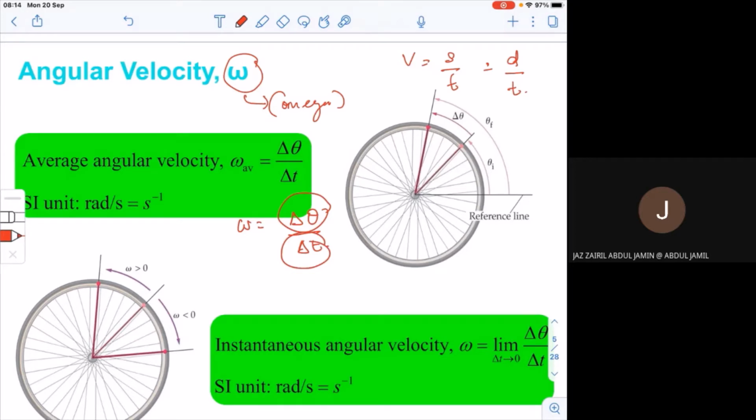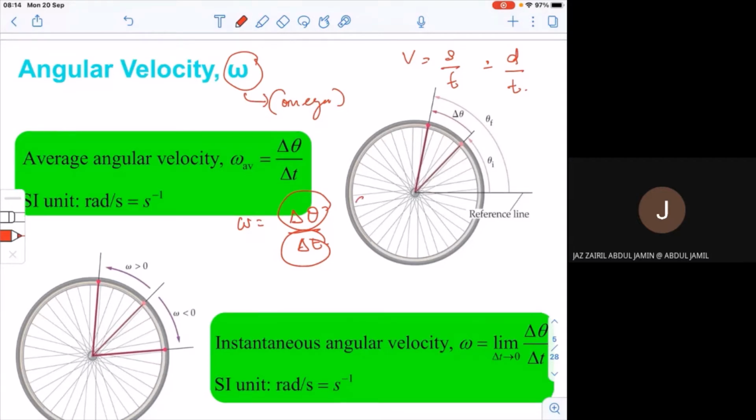Yes, we're still using time. The unit for angular position is radian, while the unit for time is seconds. So the SI unit for omega is radian per second, or radian second negative 1. You can write either one.